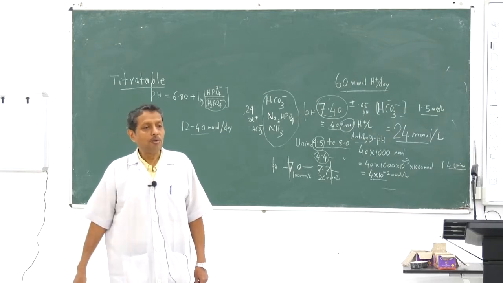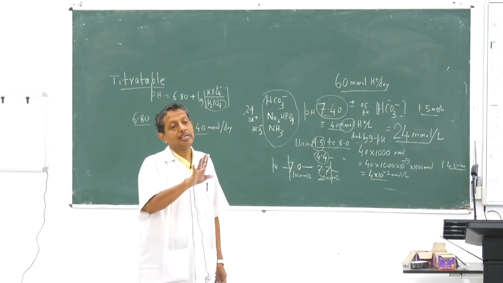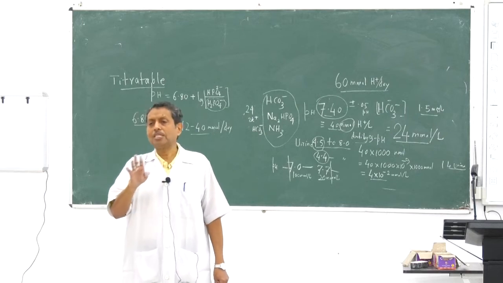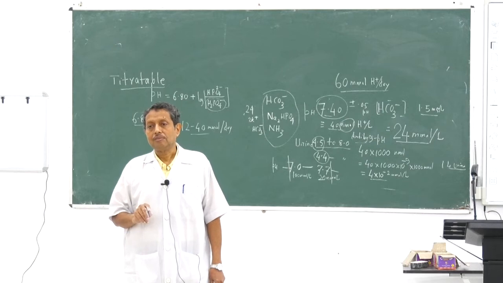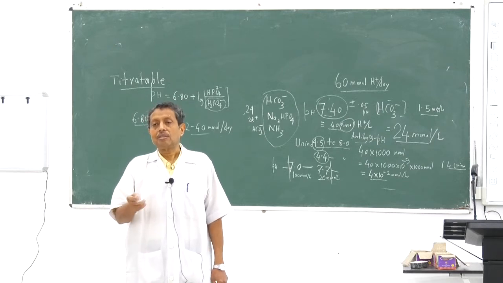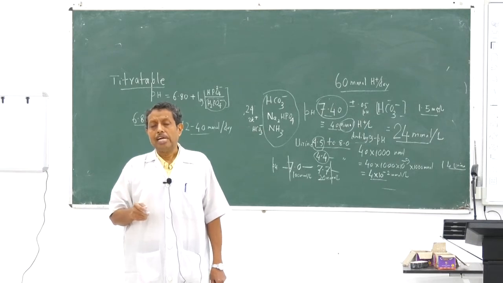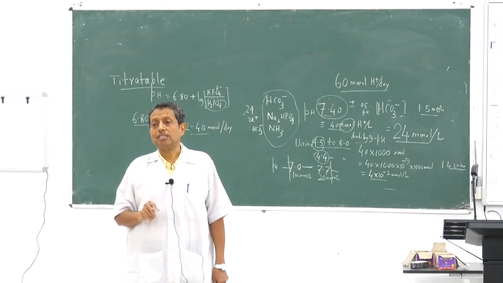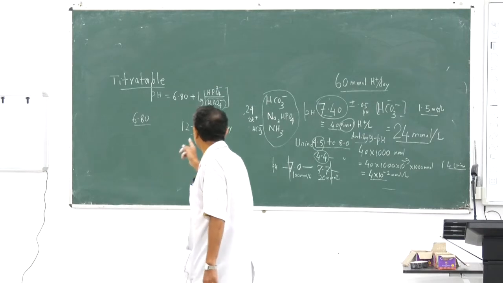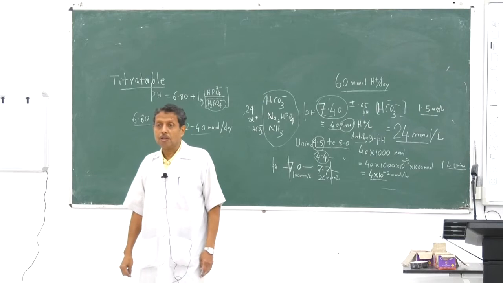It is not only applicable to this phosphate, but also other acids that are present in small amount for buffering, like lactate, citrate, acetoacetate, urate. They may contribute to some extent to the titratable acid, but the major part is the phosphoric acid that is produced.